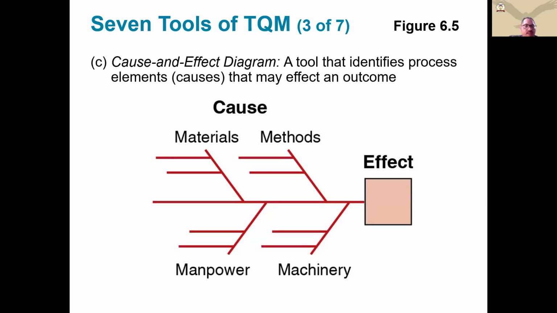You would then, of course, these tools are used with a team to try to brainstorm what's going on with the operation and what's the reason that you have that problem in the first place.